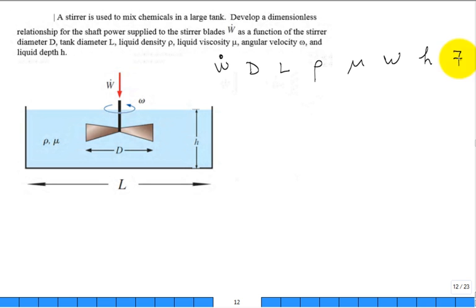Then I have to put them in fundamental form, not dimensionless form. What are my fundamental dimensions for each of these parameters? I'm going to just work in the fundamental SI units. So what about the power? Well, you would maybe say, doodle on the side, kilowatts.